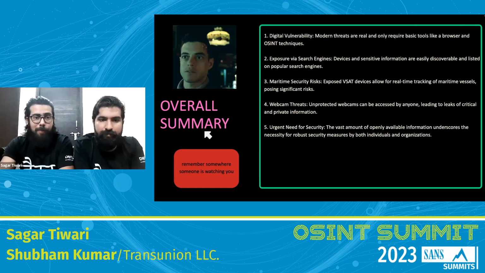Apart from these, the webcam is a big invasion of privacy because it allows anyone to peek into your digital life. So we think it's high time for the government, organizations, individuals, and manufacturers to tighten up the security and remove these exposed devices. Because always remember, somewhere someone is watching you.